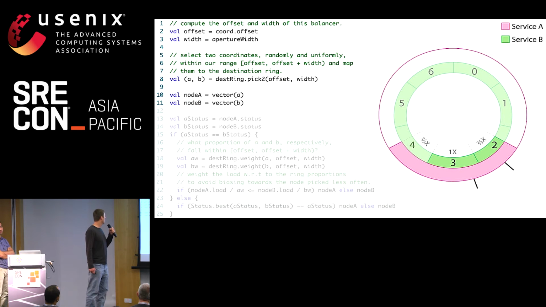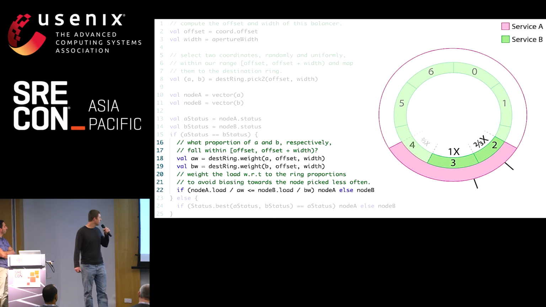So how do we expect pick2 to work? It works the same as previously. It picks 2 points at random and just makes sure that we don't accidentally pick the same node twice. So then we move down to the next phase, which is evaluating their load. Since we now partially own nodes, we need to take that into account when evaluating load.